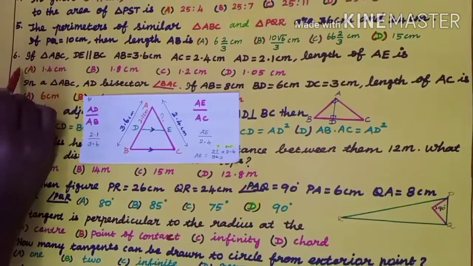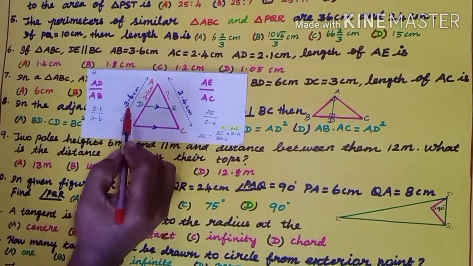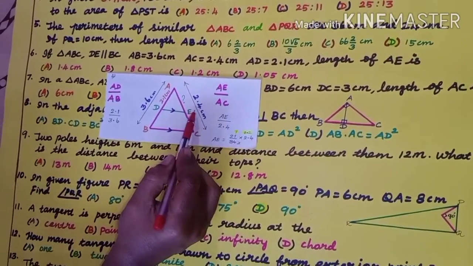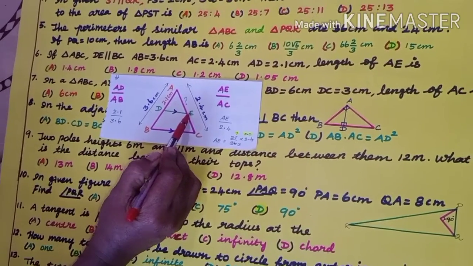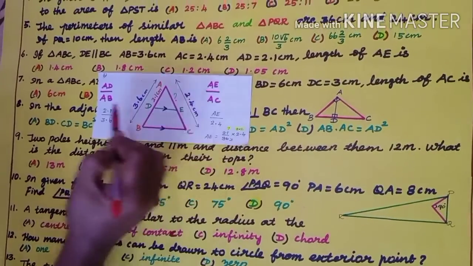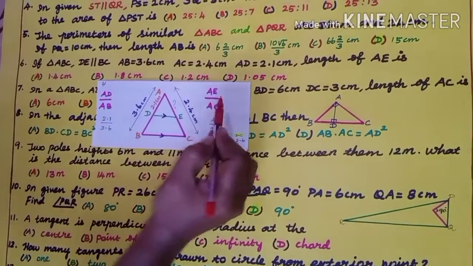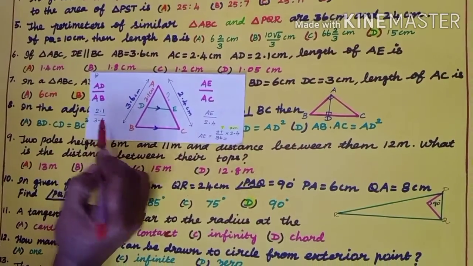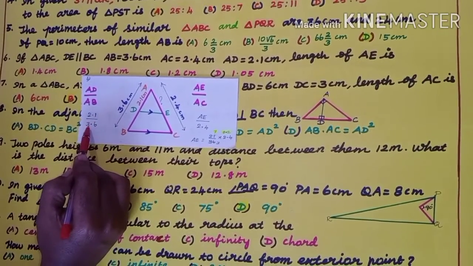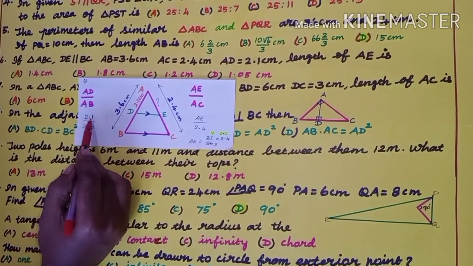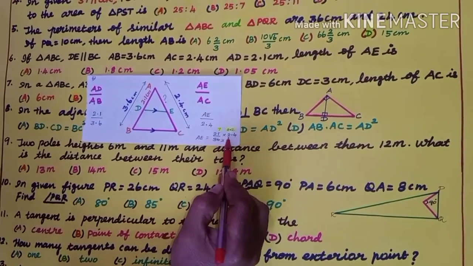15 is your answer. And in triangle ABC, DE is parallel to BC, AB is 3.6 totally and AC is totally 2.4. AD is given as 2.1. Find AE. In similar triangles, we write the ratio AD, the small side, to AB, the big side, equals AE by AC. Substituting the given data, AE equals 2.1 by 3.6 into 2.4.